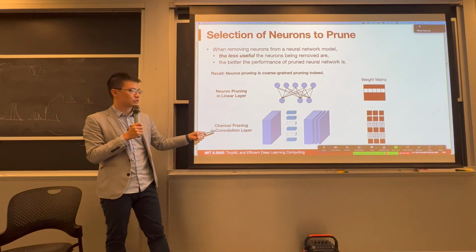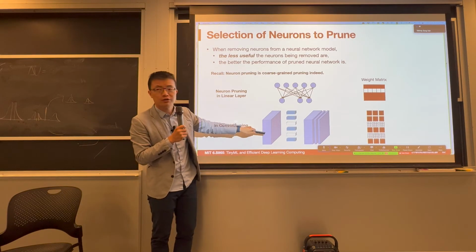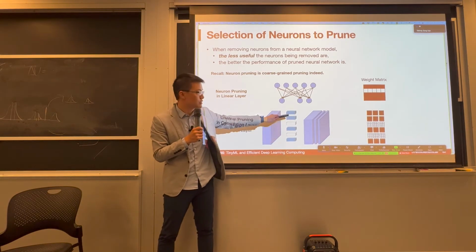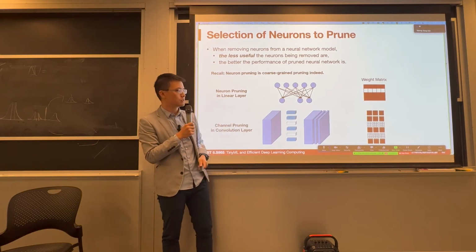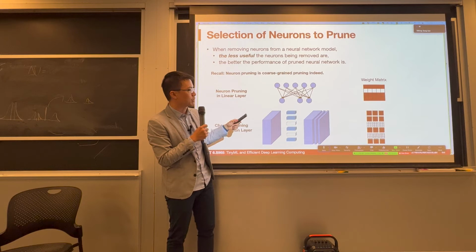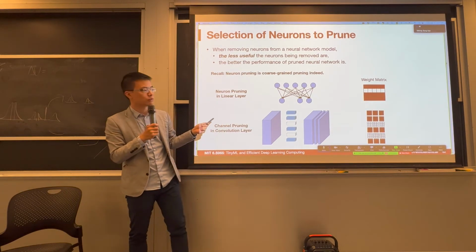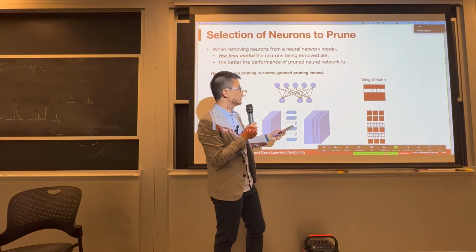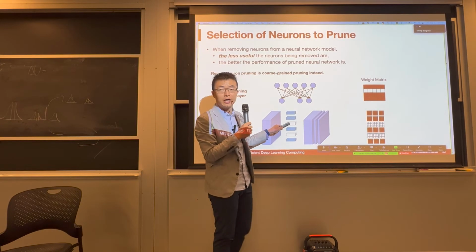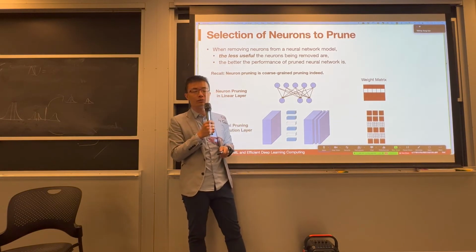What about for a convolution layer? We have an input feature map, and several filters, like 3x3 filters, and then we have several output channels. If we prune away the second channel, the whole filter associated with that channel will be pruned.